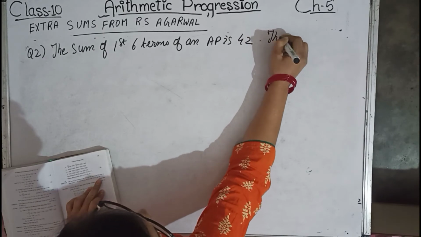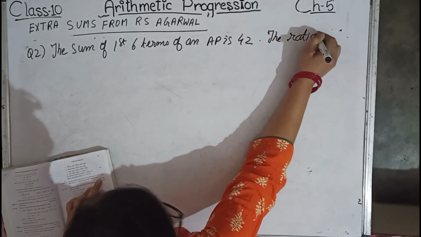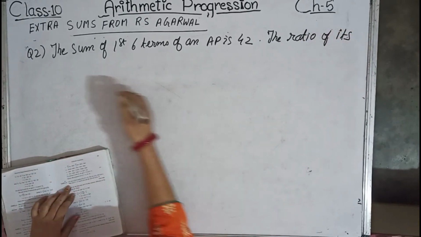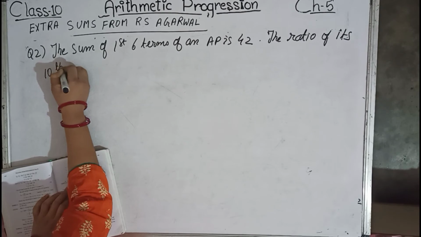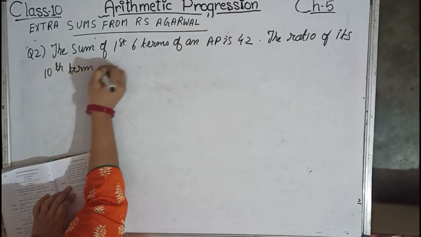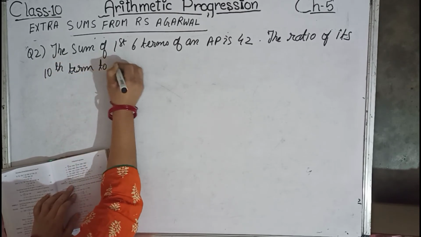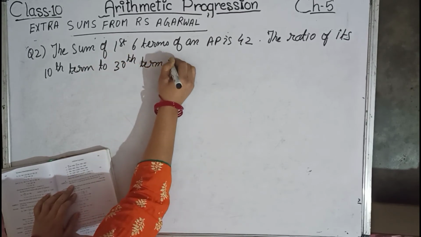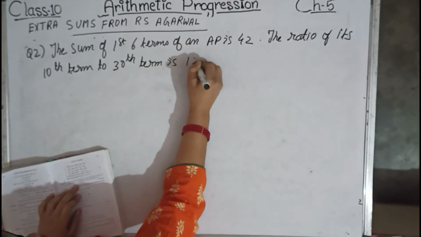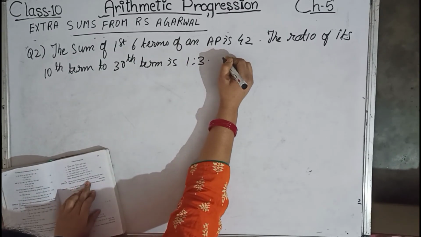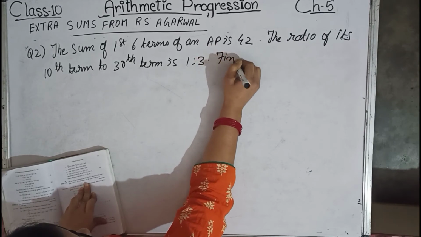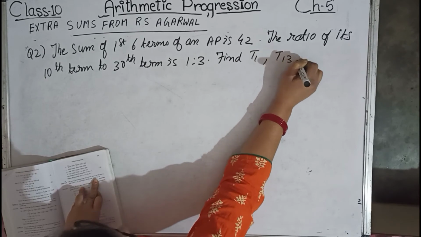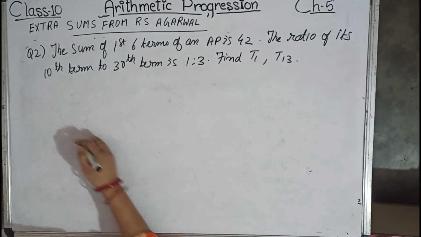The ratio of its 10th term to 30th term is 1:3. Find the first term and the 13th term. Find T1 and T13 of the AP.